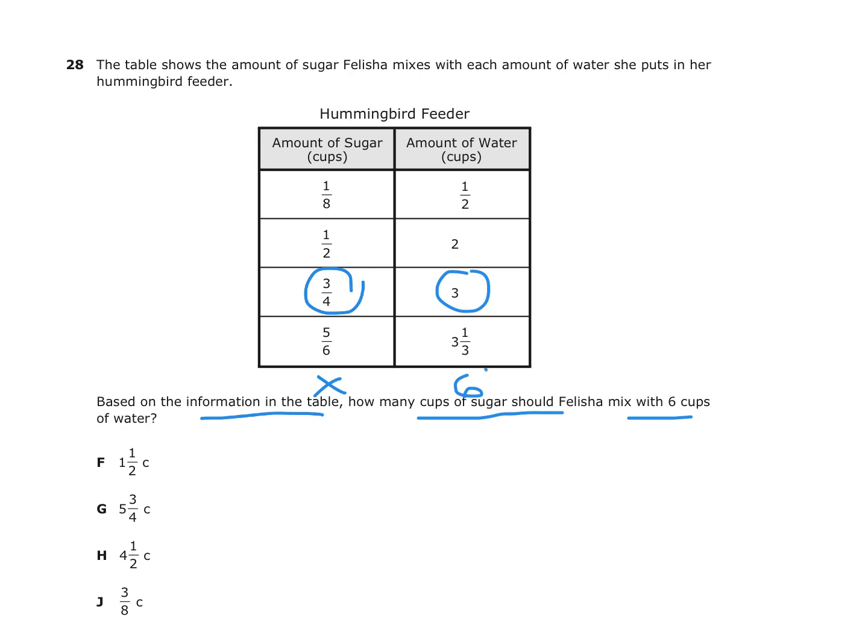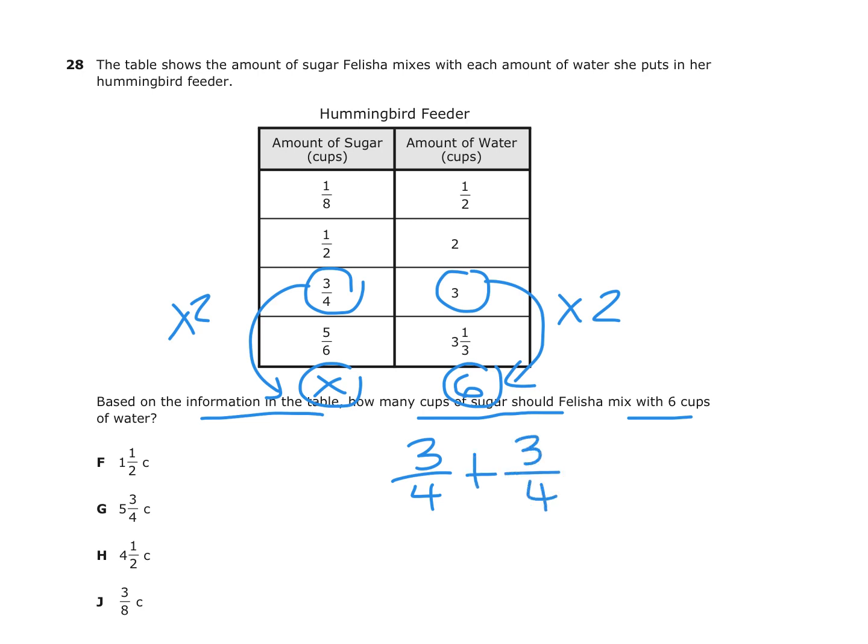And for 6, how much is that? Well, if I double this amount here, times 2, that means I have to double this amount here, times 2. So I need 3/4 and then another 3/4 to give me X. So 3/4 plus 3/4 will give me the 6 cups of water. When you add these two, 3 plus 3 is 6, and the denominator stays the same, just 4.